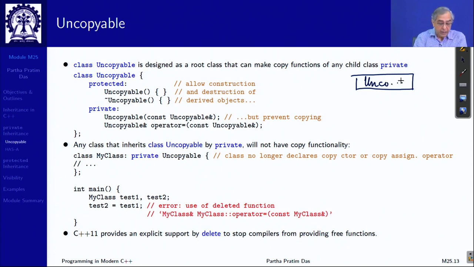Okay. Now, I say that my design paradigm is that my class will simply inherit from uncopyable by private. So, the class, if it inherits that by private, then even if the compiler provides, I will not naturally provide copy functions for my class.